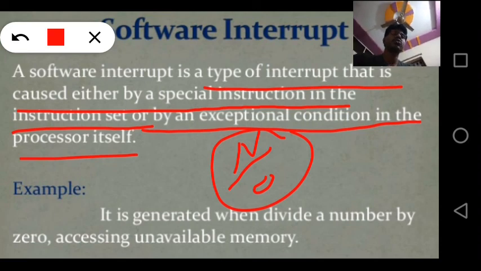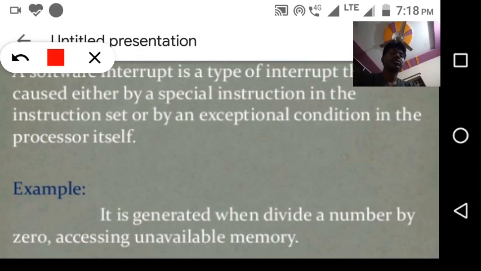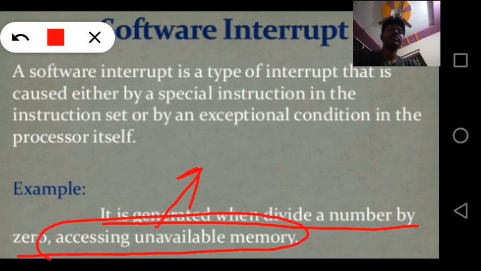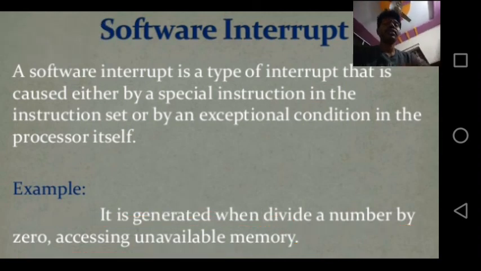It's a software interrupt. Or your program can also itself generate one. So it is generated when dividing a number by 0 or accessing unavailable memory. In both cases, memory out of bound exception or divide by 0 exception, these are called software interrupts.